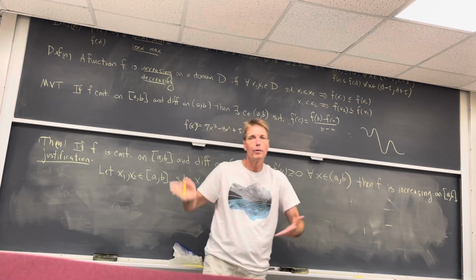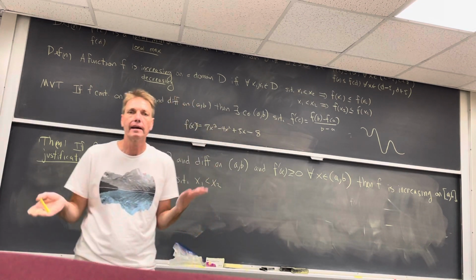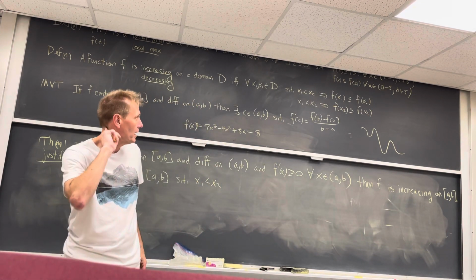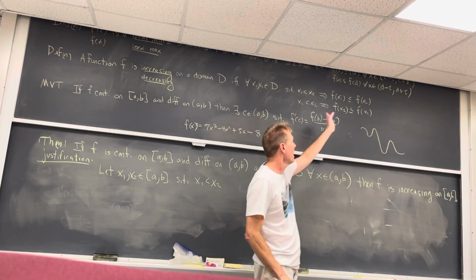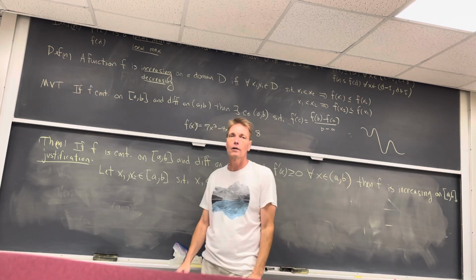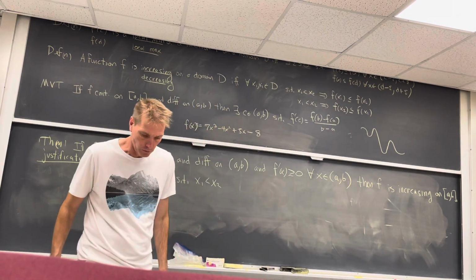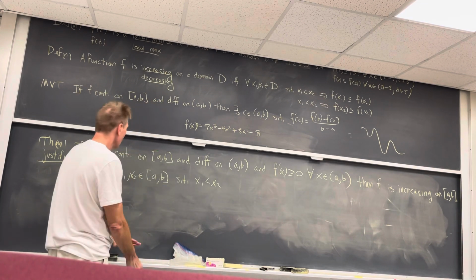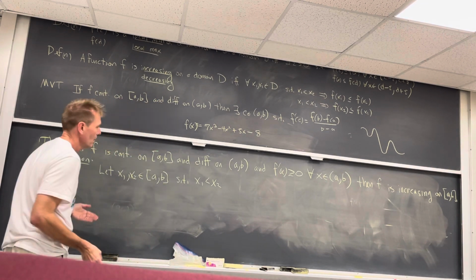So we're unpacking what we're given. Now what we need to argue is that then it must logically follow that f of x1 is less than f of x2.